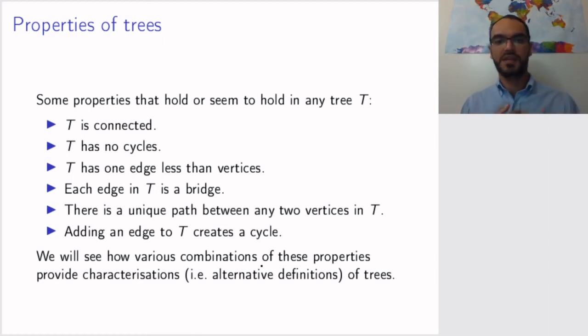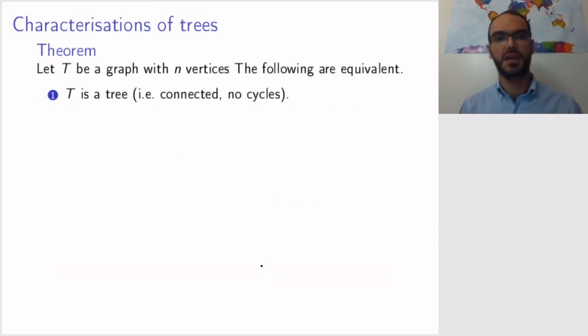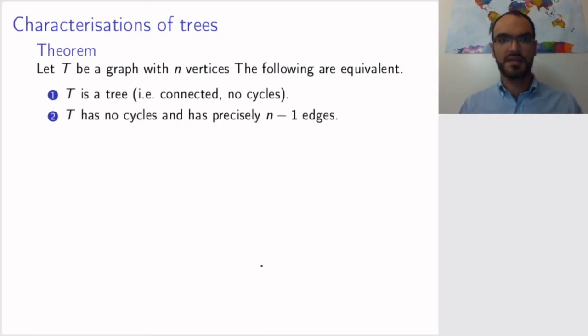So we'll have several alternative definitions of trees, namely as follows. If you have a graph T with n vertices, then the following statements are equivalent, meaning that any of these statements is equivalent to any of the other statements. The first statement is that T is a tree, meaning that T is connected and has no cycles. It is equivalent to say that T has no cycles and has precisely n-1 edges. Remember, n is the number of vertices.